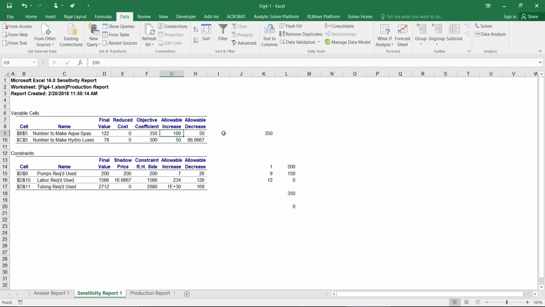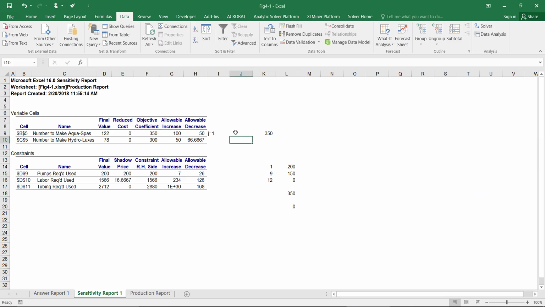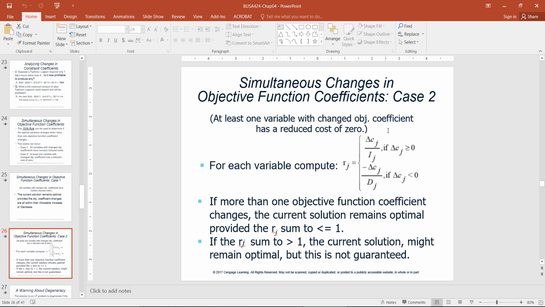So if this is j equal to 1, then I1 is going to be 100. And then we have another terminology here, Dj, which is the maximum that I can decrease. So D1, associated with x1, is 50, and for the second one it is 66.67.